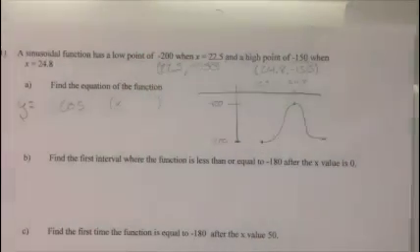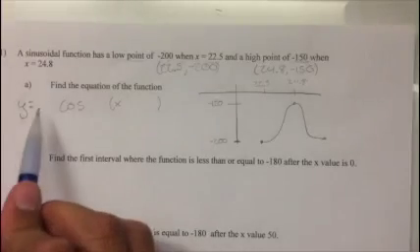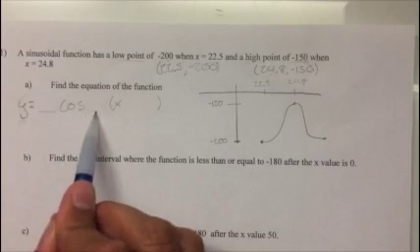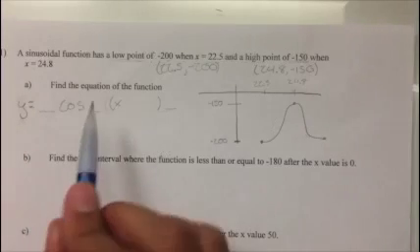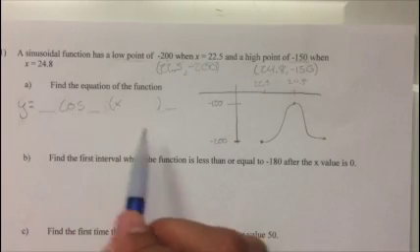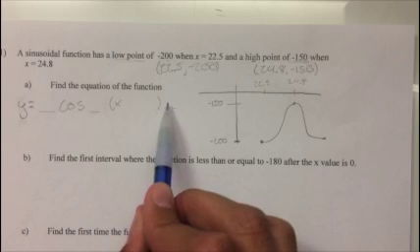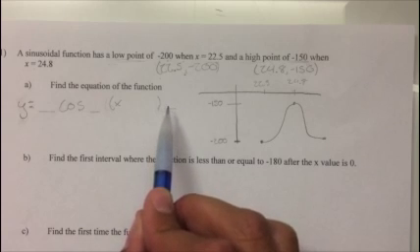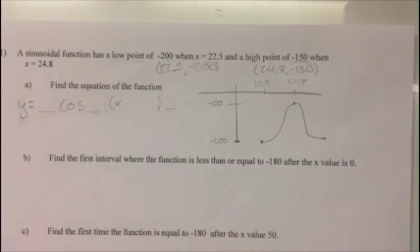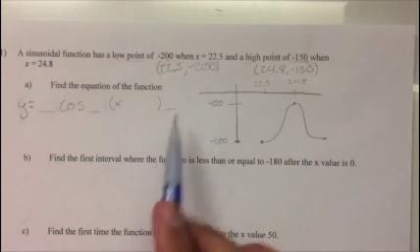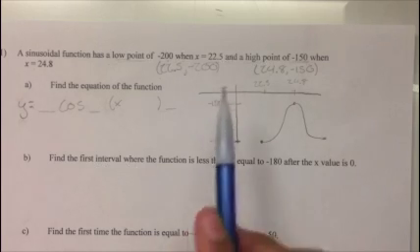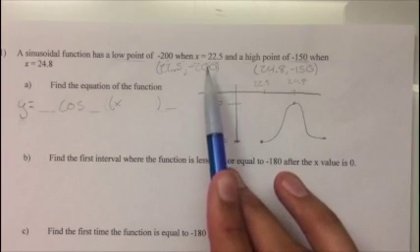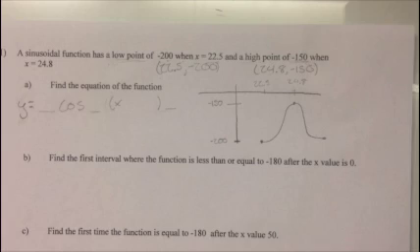Then we'll have a term right here, and right here. This term will be the multiplier, what's being multiplied by the cosine, and this is the number that is added or subtracted at the end of the equation. To find this end term, we need to average the y values from the high point and the low point.